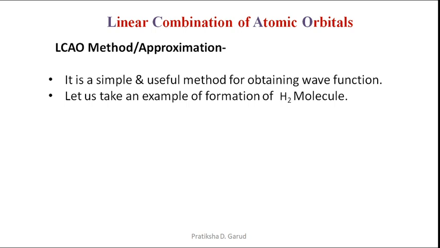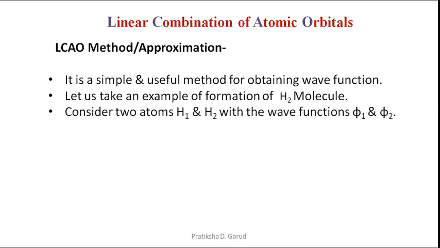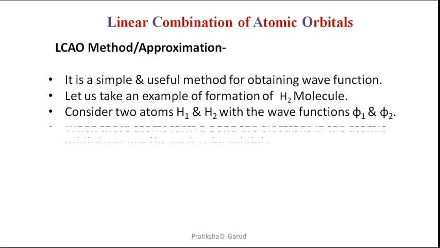So what is a hydrogen molecule? A hydrogen molecule is formed by two hydrogen atoms. Consider the two hydrogen atoms H1 and H2, and their wave functions are phi1 and phi2.